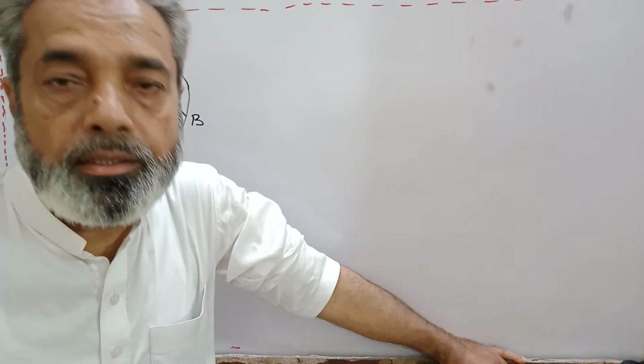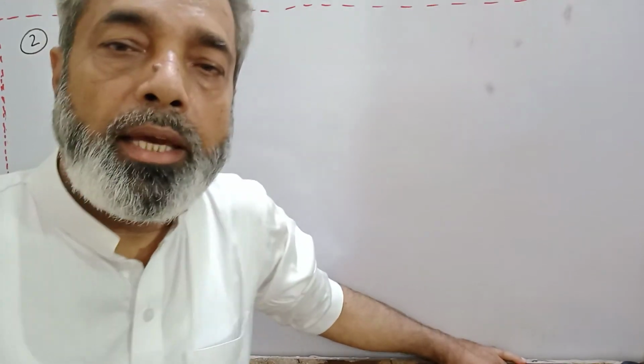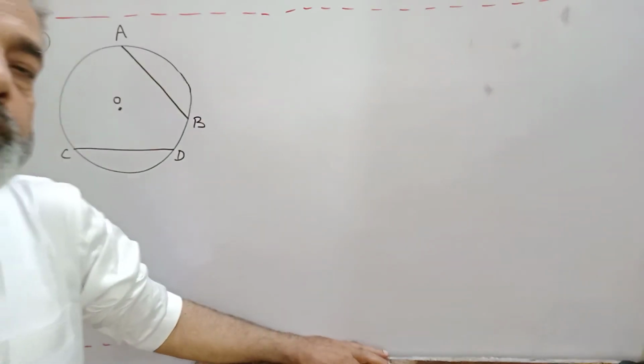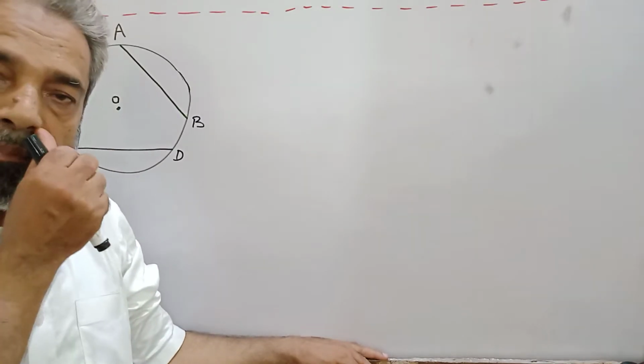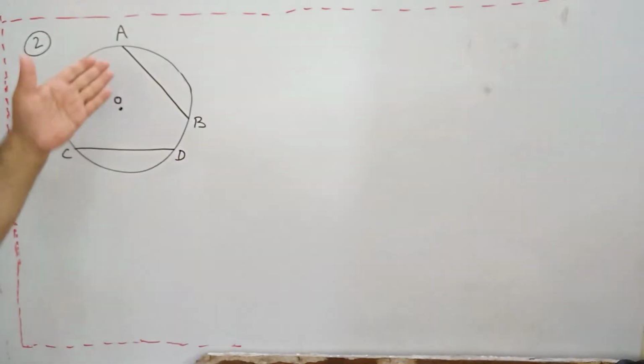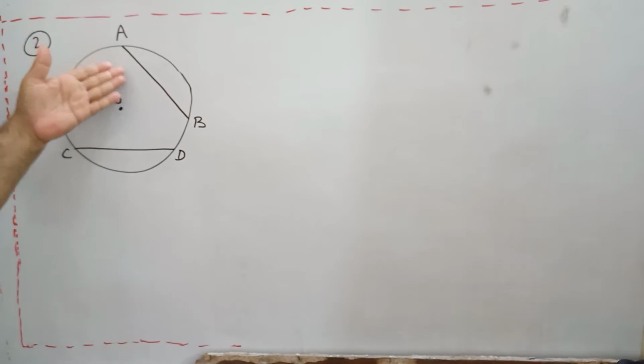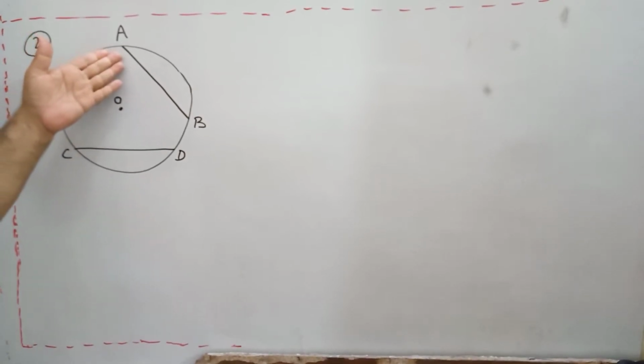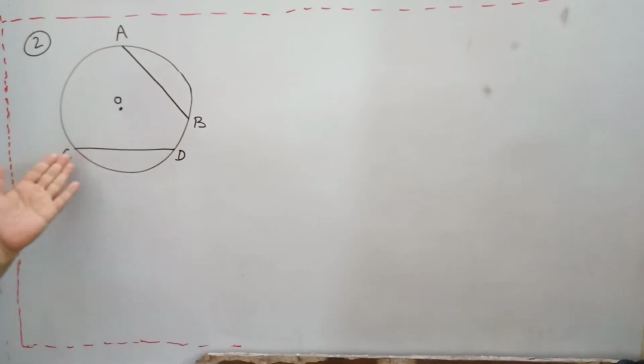Now in this video I will explain the second property of the circle, which is on the figure. In the figure you can see that I have drawn two chords AB and CD.